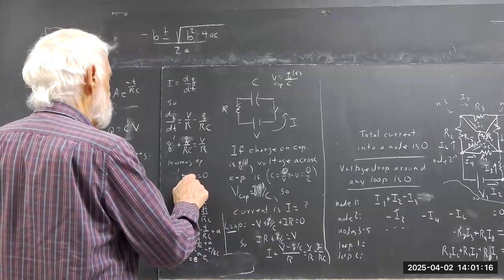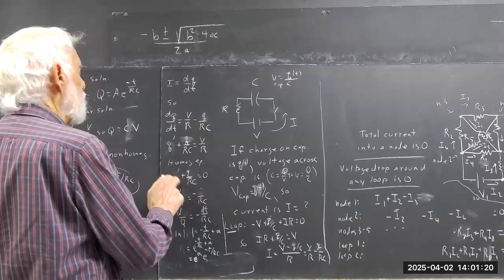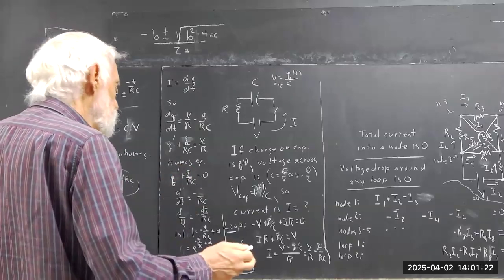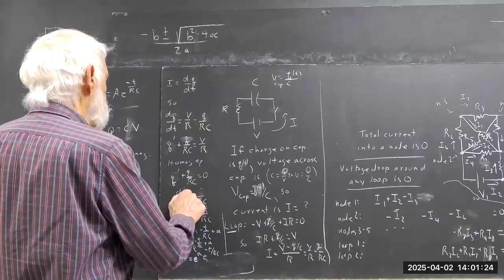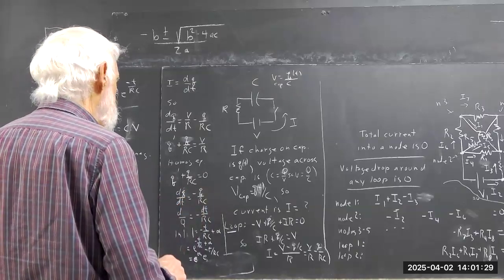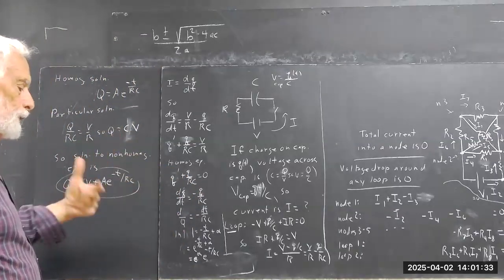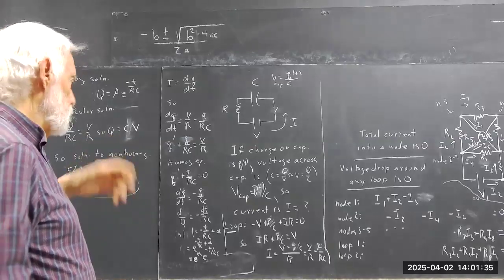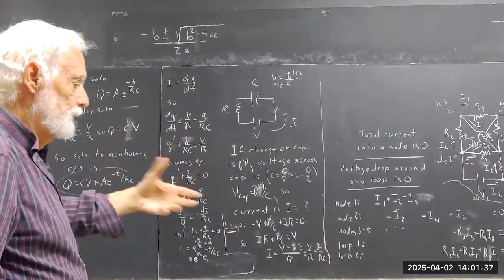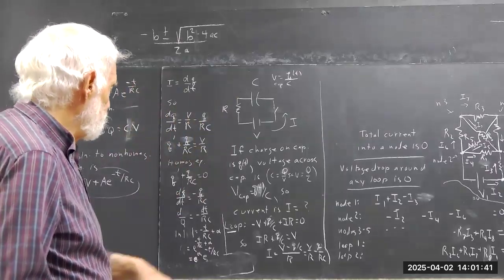It's a differential equation. We solve the homogeneous equation, Q prime plus Q over RC equals 0. We get dq/dt equals negative Q over RC. This is a separable equation. We can also solve it using the exponential solution, Q equals some constant times e to the rt.